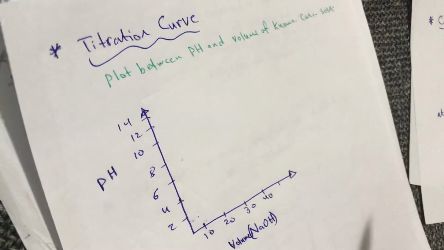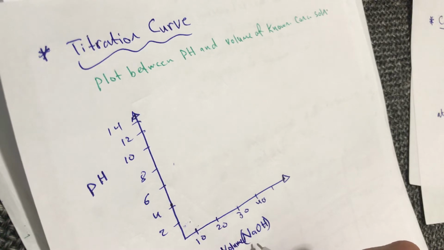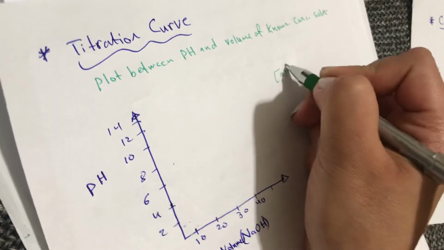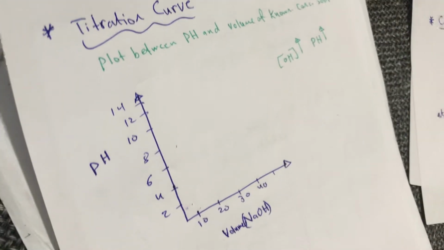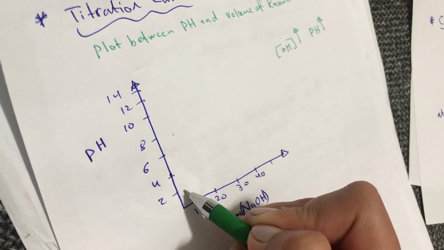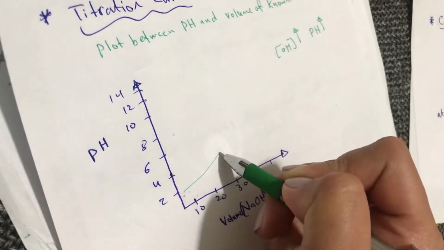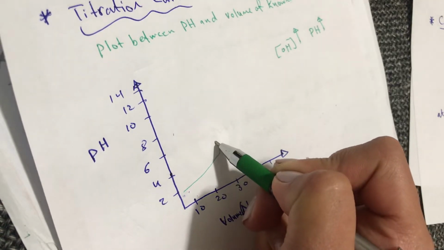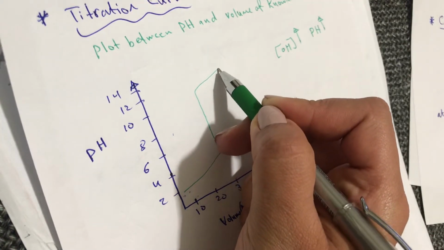So as you know, when you add sodium hydroxide to hydrochloric acid, the concentration of hydroxide ions increases in the solution, and as the concentration of hydroxide ions increases, pH increases. So the change of pH occurs slowly at first, then rapidly through the equivalence point, then again slowly.